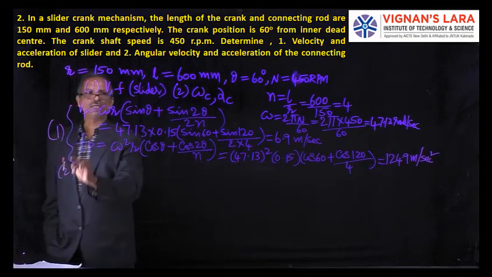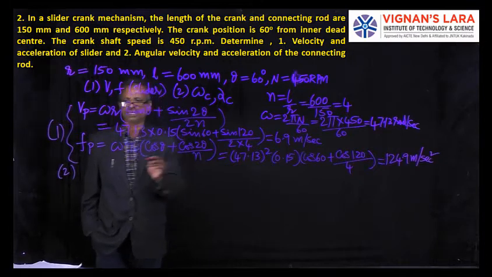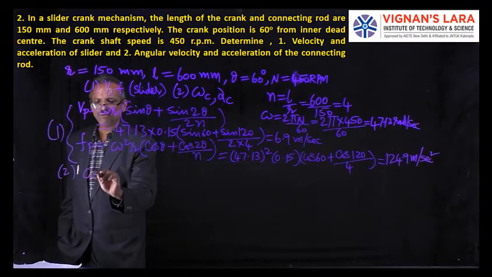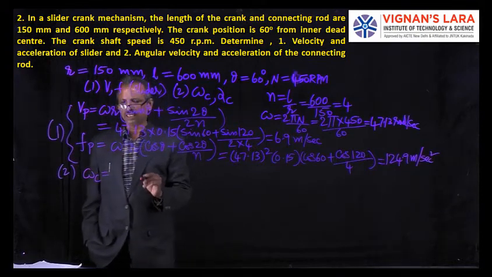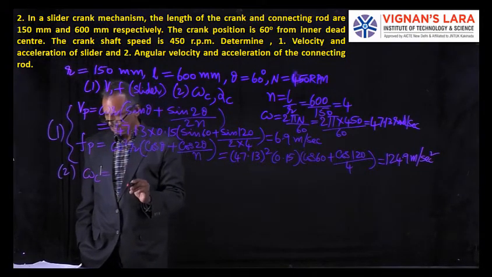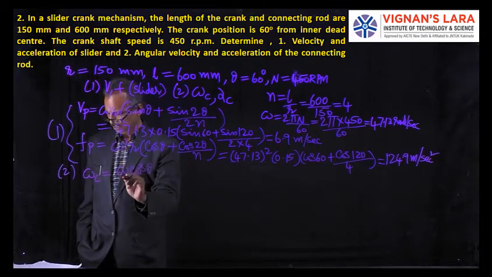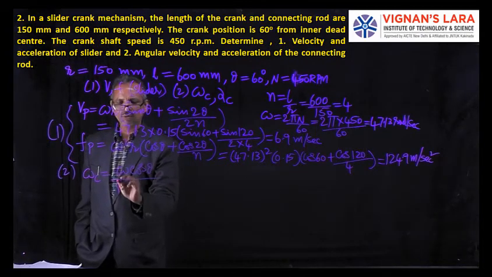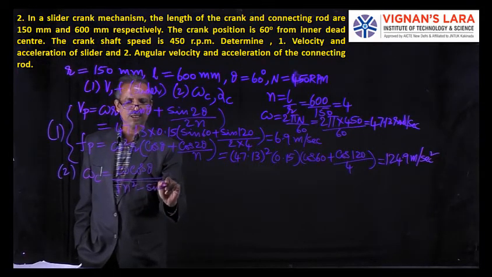Then the second bit, that is angular velocity and angular acceleration of the connecting rod. You know the equation for omega c, the angular velocity of the connecting rod, which we have derived: omega cos theta by root over n square minus sin square theta.